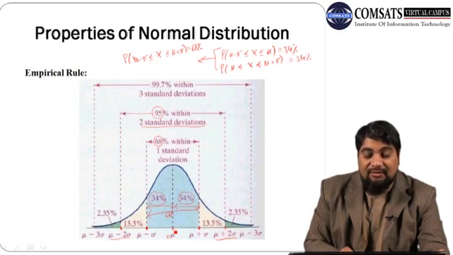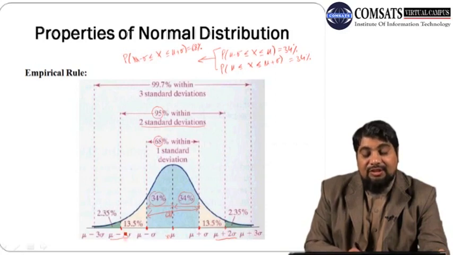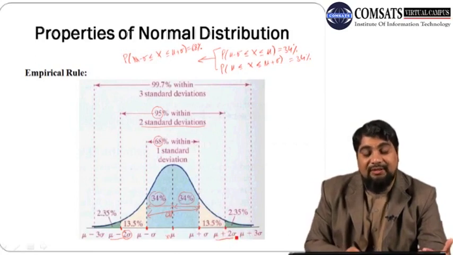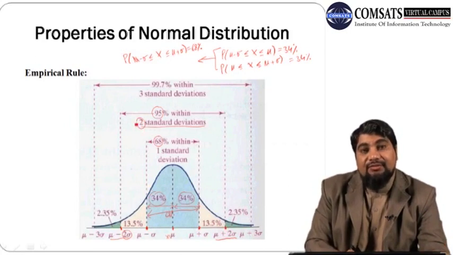So this is the mean, and we have gone 2 standard deviations, or 2 sigma, to the left of the mean and 2 sigma to the right side of the mean, that is mu plus 2 times sigma and mu minus 2 times sigma. So usually we write it as 2 times sigma, or 95%.